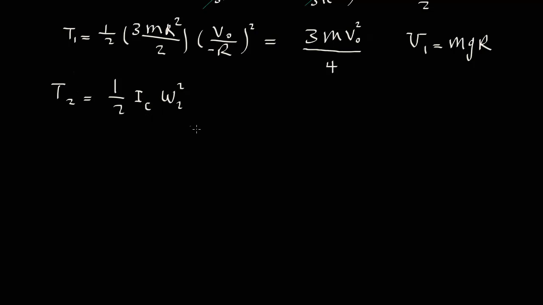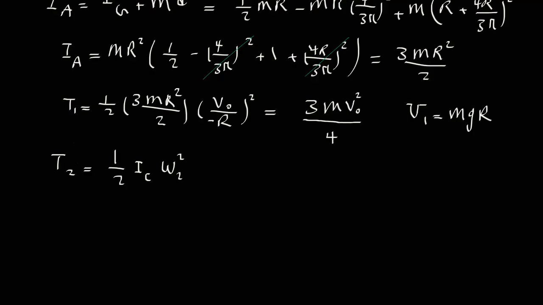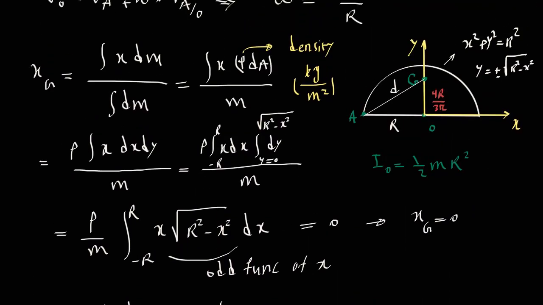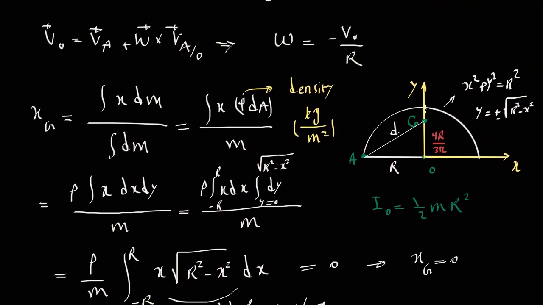And now the key here is again to find Ic. So we have to do the same thing here. If you wanted to just calculate the moment of inertia about this point by having just the moment of inertia about point O, first we have to go to the center of mass and then go to this point. But because here we have Ig, we can calculate Ic easily.